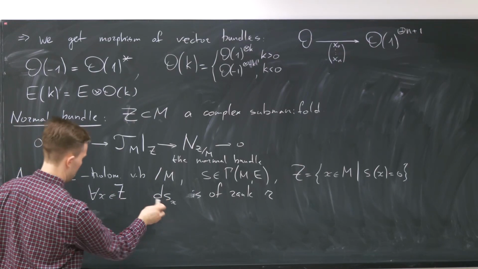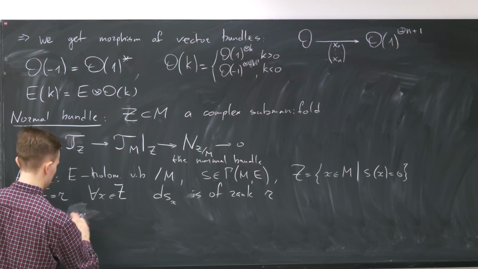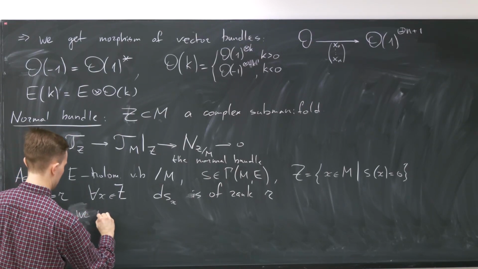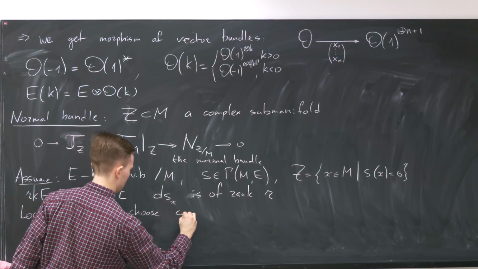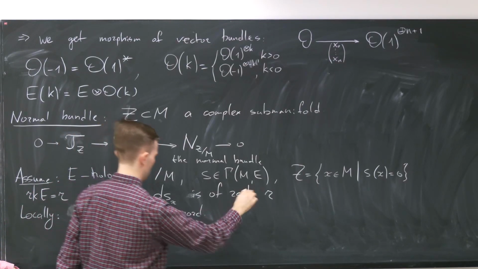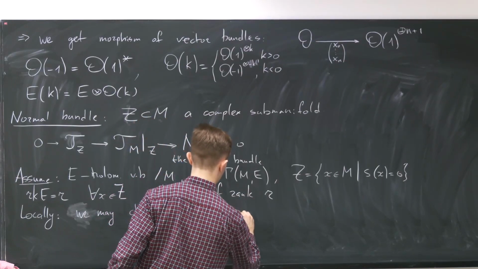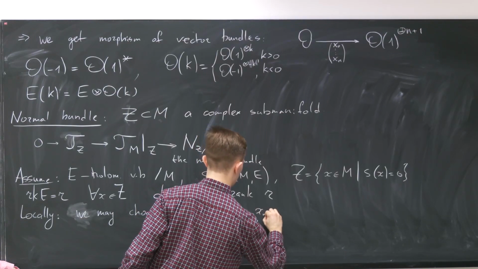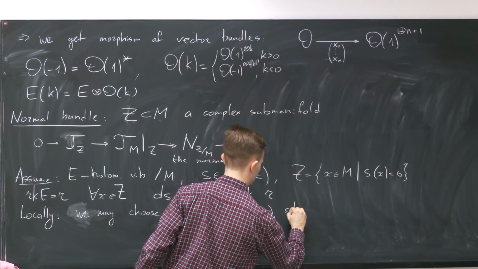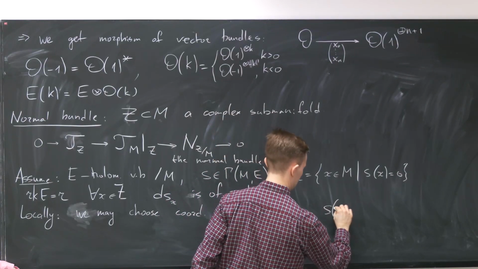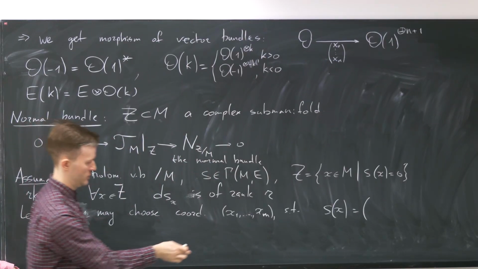So, locally we may choose coordinates. Let's call them x1, ..., xm, such that this section S of x is given, for example, by the last R coordinates.